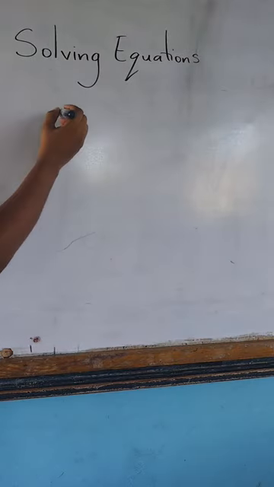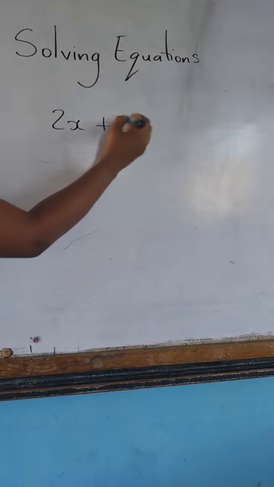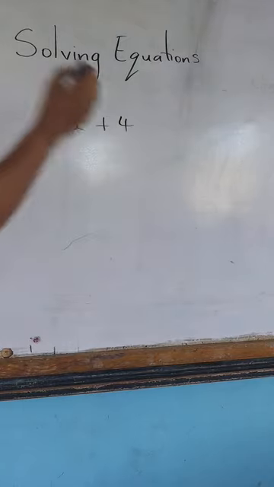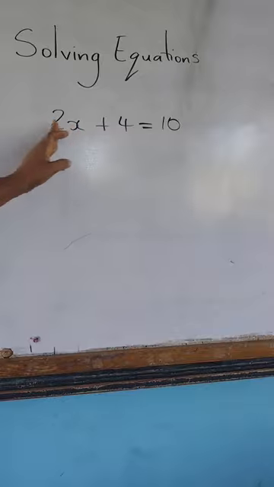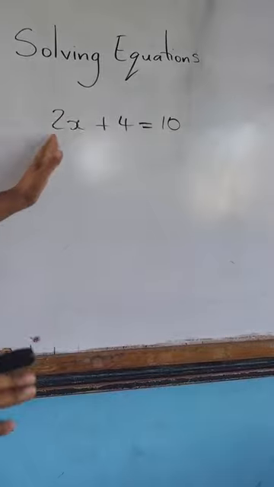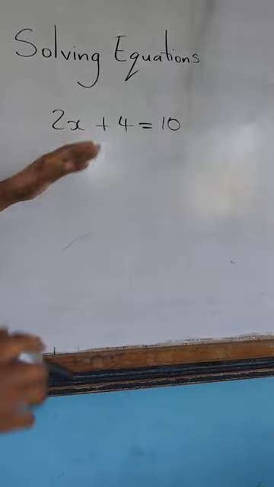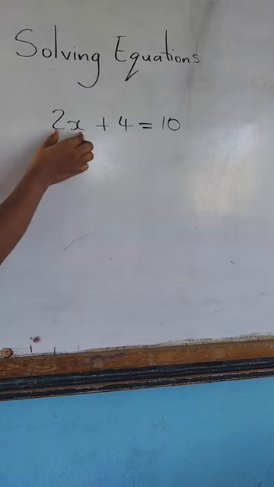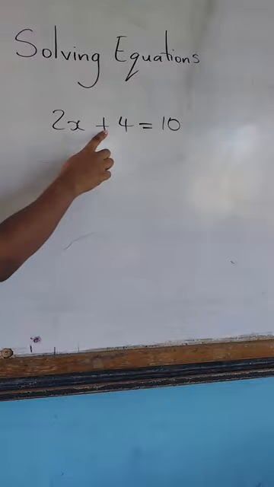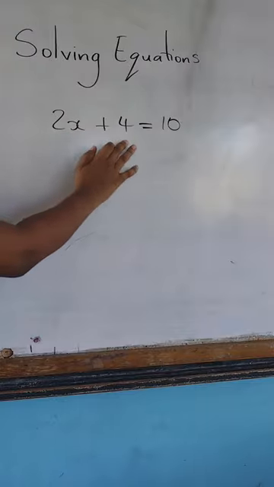So what if we look at a different equation that has a little bit more to it? What if I gave you 2 times the value of x plus 4 is equal to 10? I said 2 times the value of x because 2x means 2 times the value of x. I don't know what x is, but there is a number here. So there's a term, 2x, which is one term, plus 4. So there are 2 terms here being added.